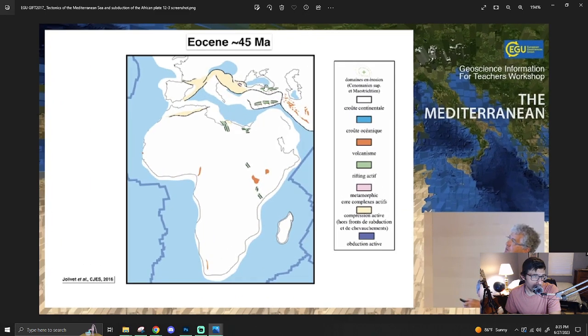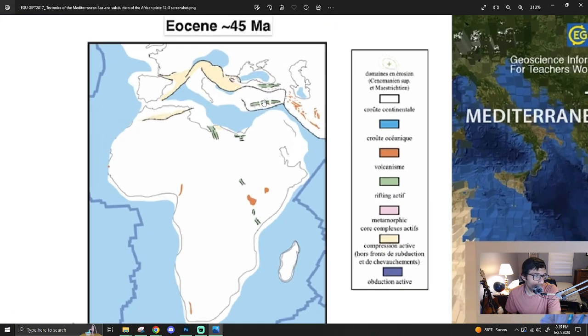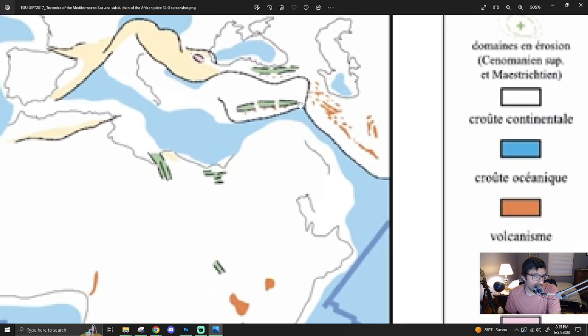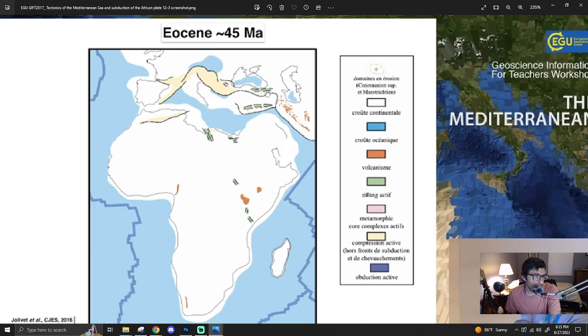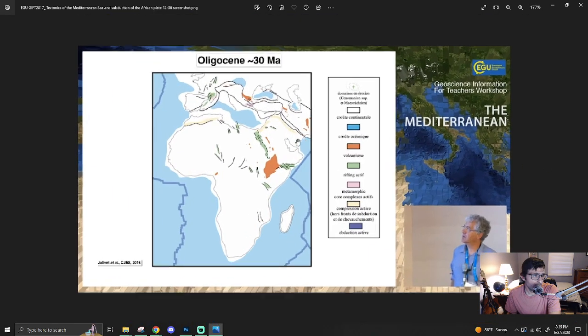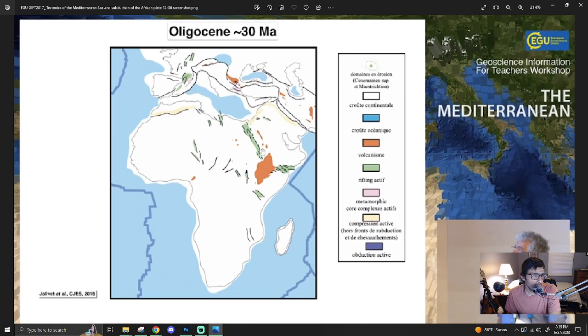Active rifting. Almost looks like a circle there, with something holding it in place. Rifting. 30 million radiometric dating.